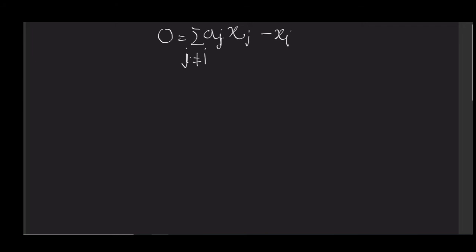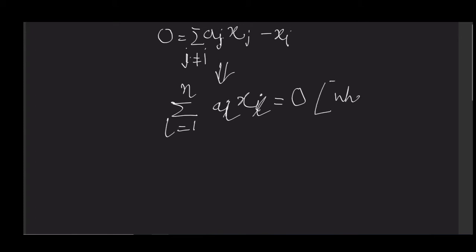So this further can be written like, or let us change this because otherwise you will get confused, as a sum of alxl is equal to 0, where al is equal to minus 1, right?